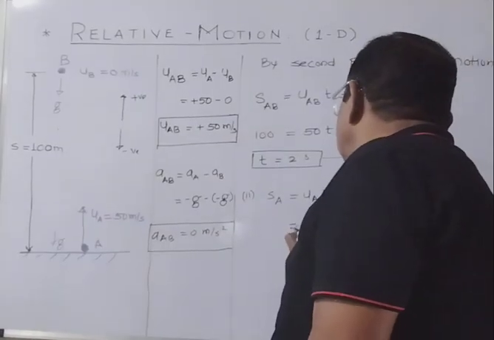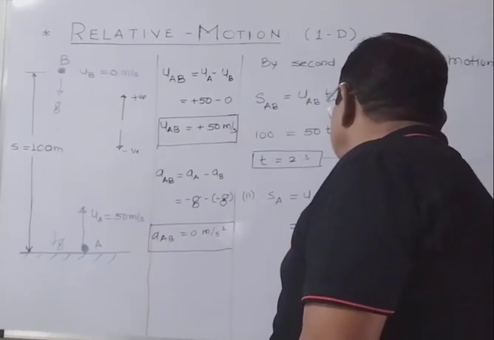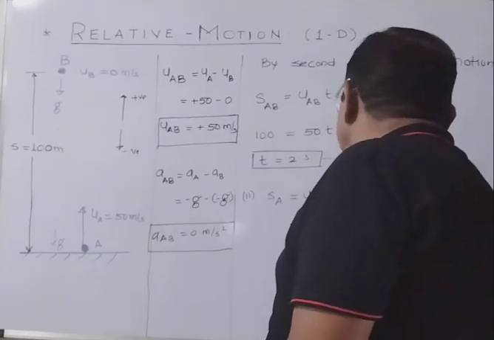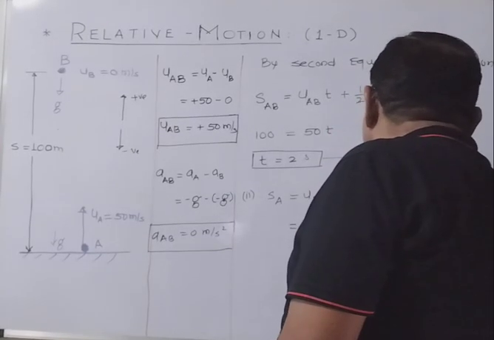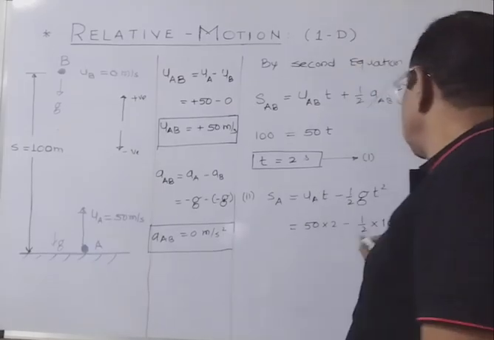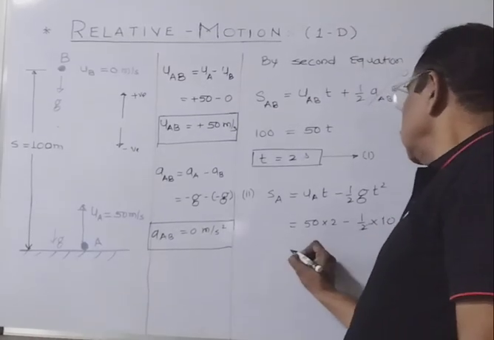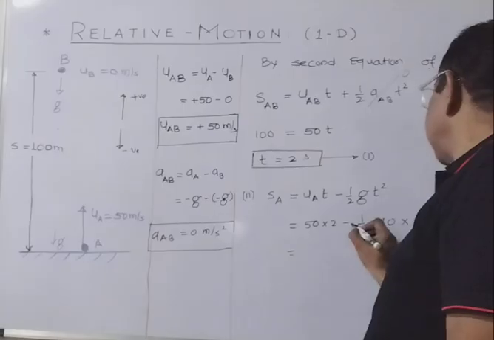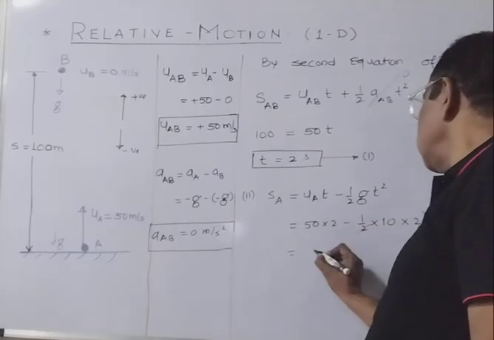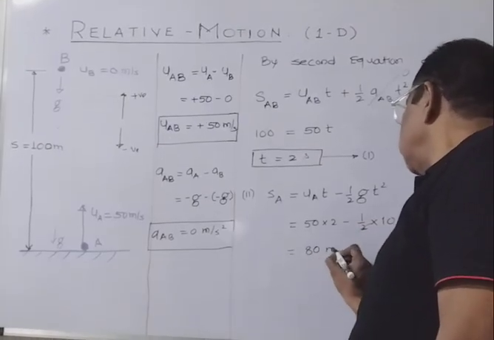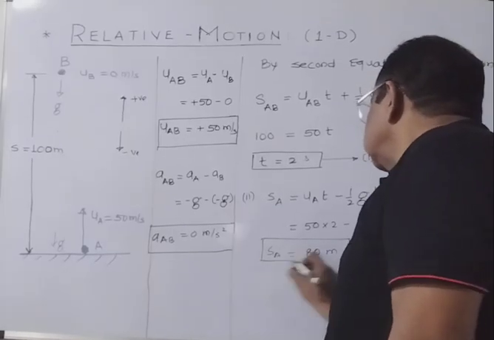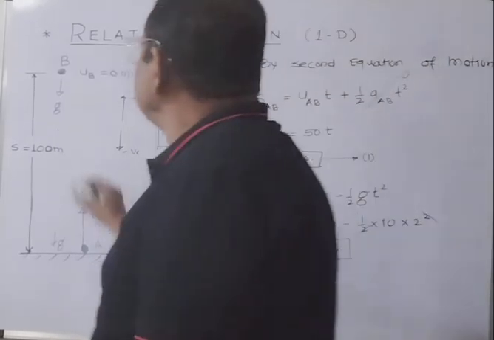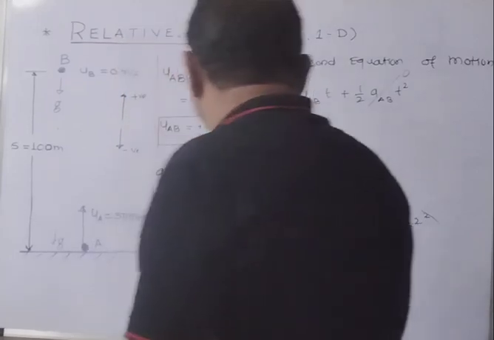So from the ground, initial velocity is 50, time is 2, minus 1 by 2 into g taken as 10 into 2 square. It becomes 100 minus 20, which is 80 meter from the ground. So the answer to the second question is they will meet at 80 meter above the ground.